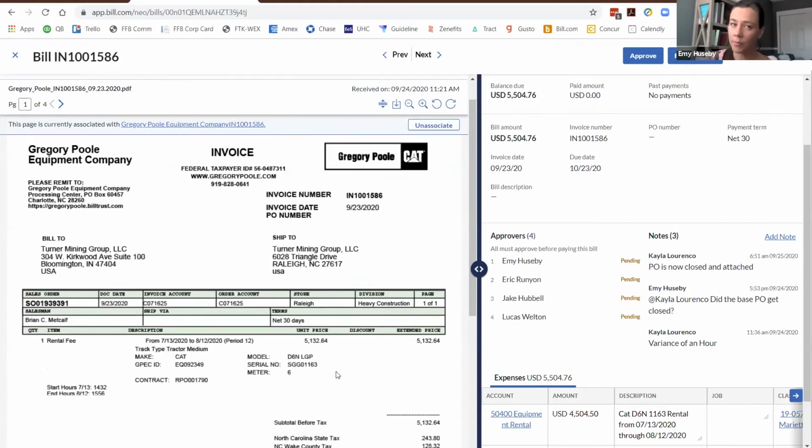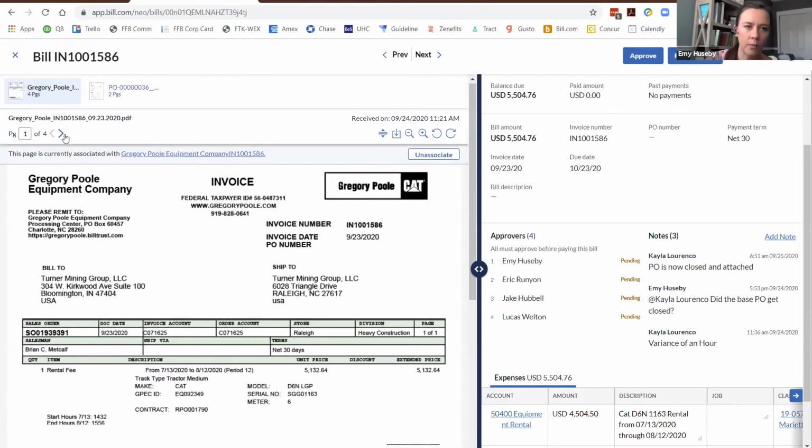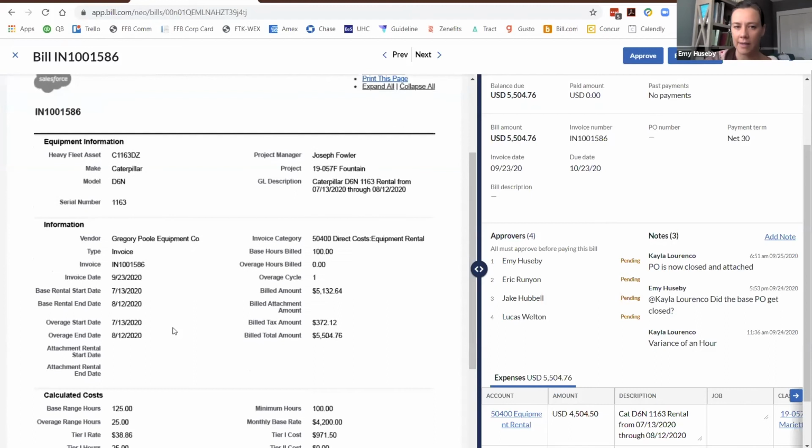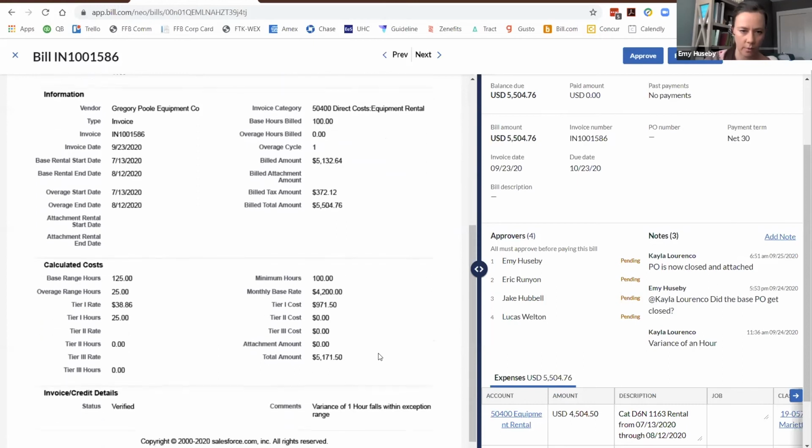We're able to match to it. But a lot of vendors are not necessarily this clear in their information. So they just give us the amount and the dates, but then we break it down to say, all right, how much of this is overage? How much of this is minimum? So this is where you will understand what it is that they're billing, and you either agree or disagree with it.